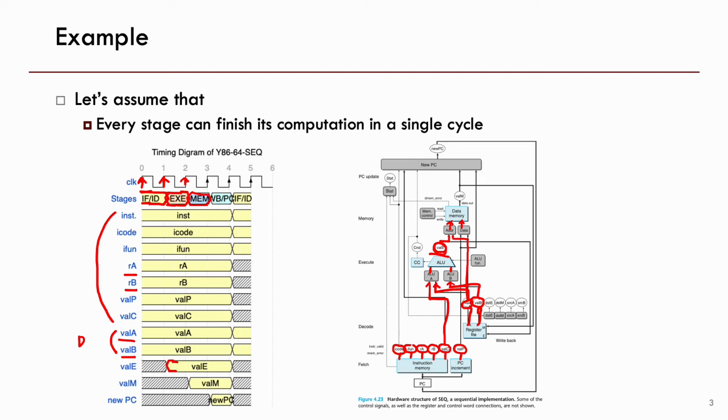It outputs the memory value, val M, over here, and in the next cycle we can use the write back stage and PC.